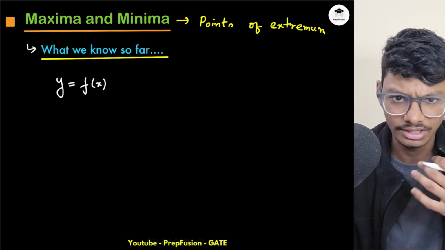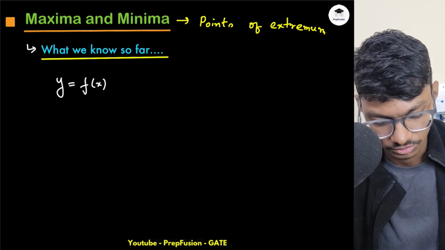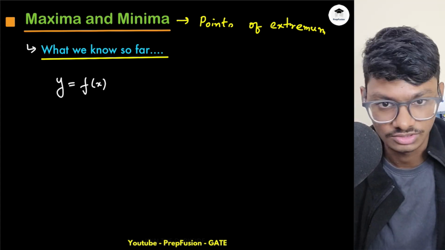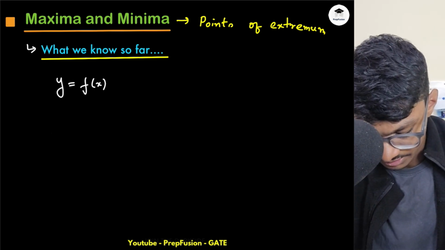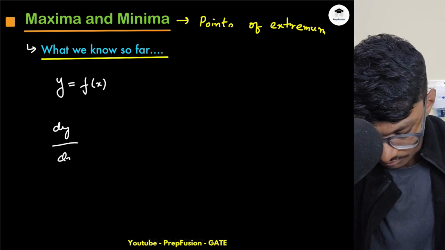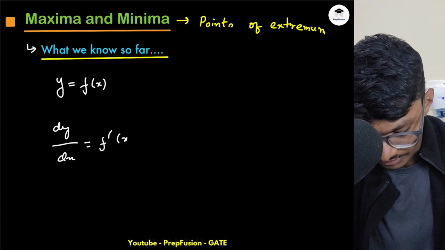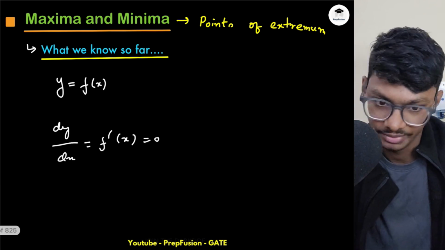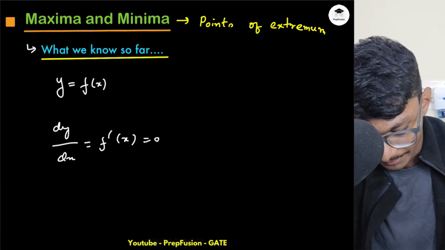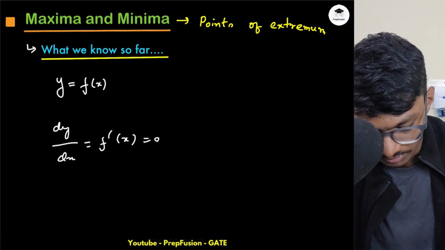So up until now, in your undergrad or high school, what you have done is find the derivative, dy upon dx, that is f'(x), and make this equal to 0 for maxima or minima. Either you will get maxima or minima.